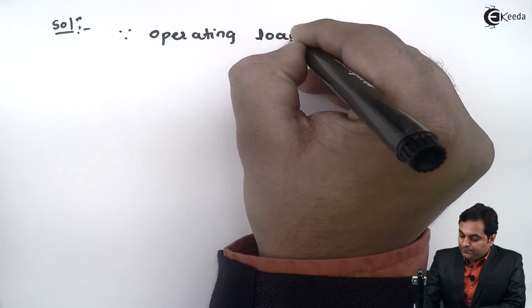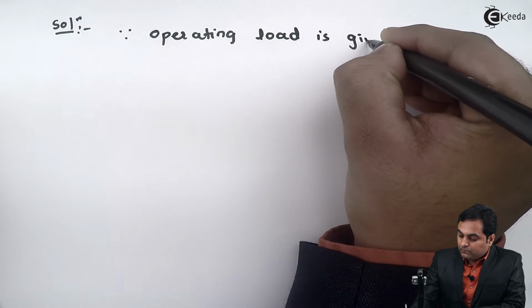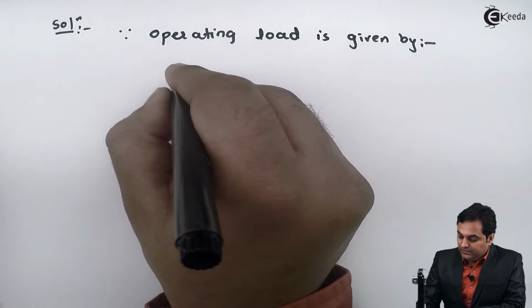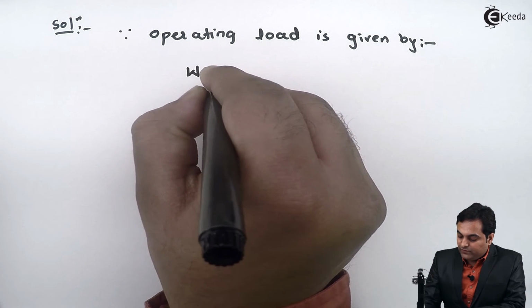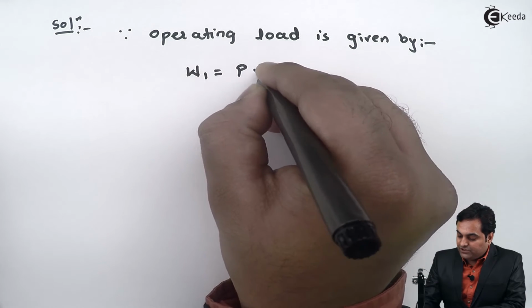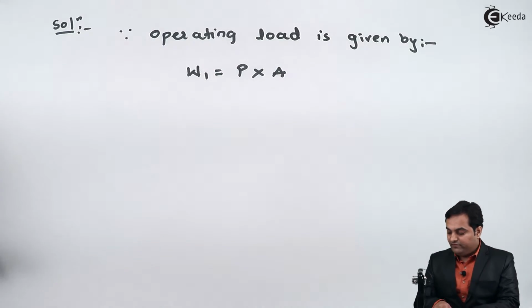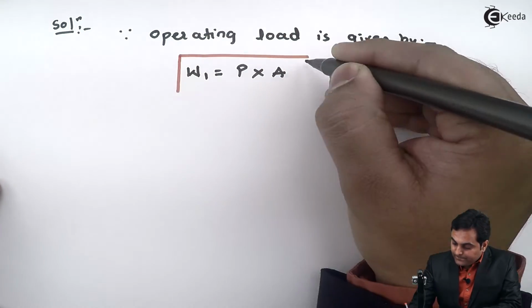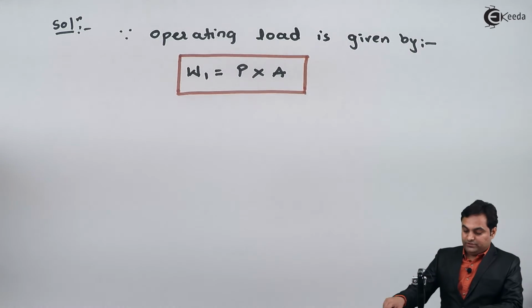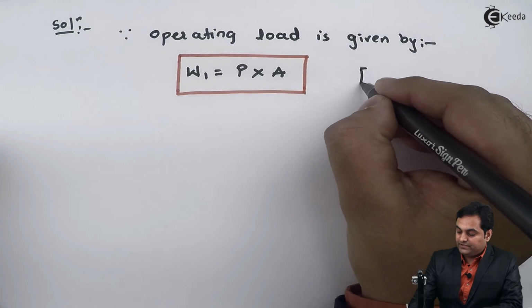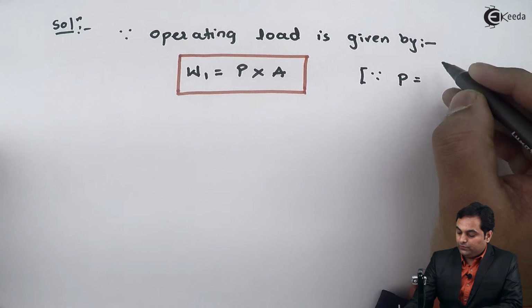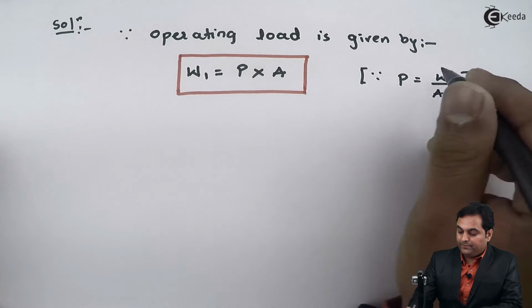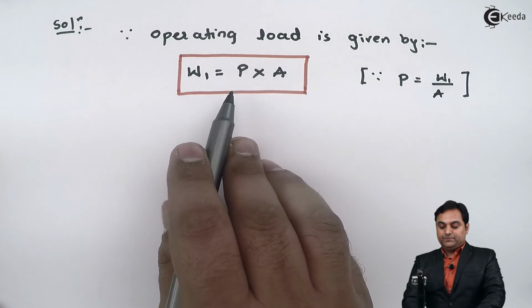Operating load is given by, I'll denote it by W1, and that will be equal to operating pressure multiplied by area of the valve. Very important conclusion here. This relation I have got, since pressure is equal to load upon area. So here I am writing the operating load, that is pressure into area.